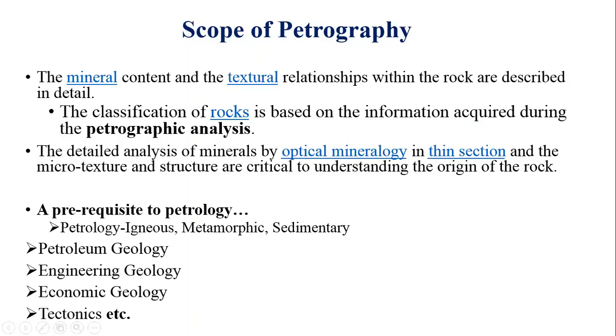So, petrography is essential for the classification or identification of any particular rock, and this classification or identification is carried out by the mineralogical composition and textural features of that rock. These are derived on the basis of petrographic analysis, which is usually carried out in thin section with the help of a petrographic microscope.